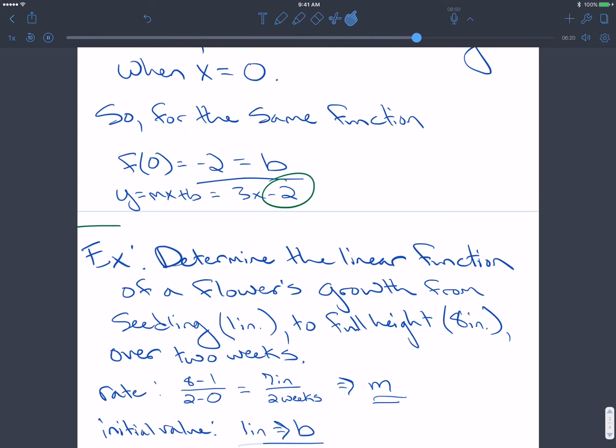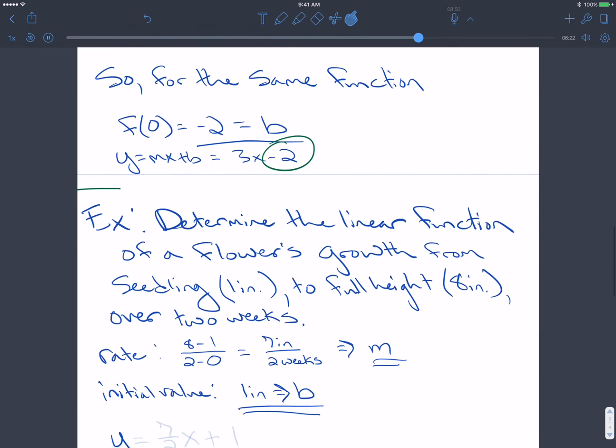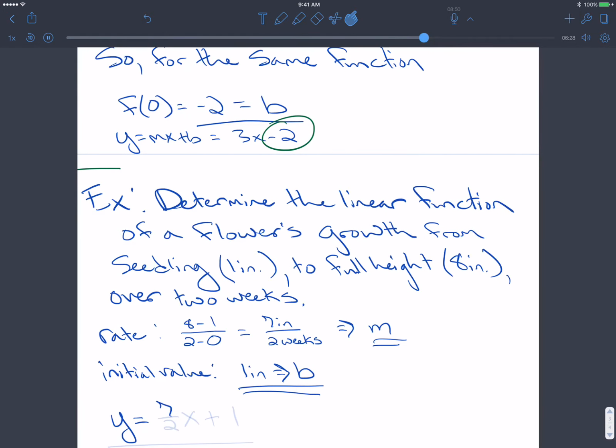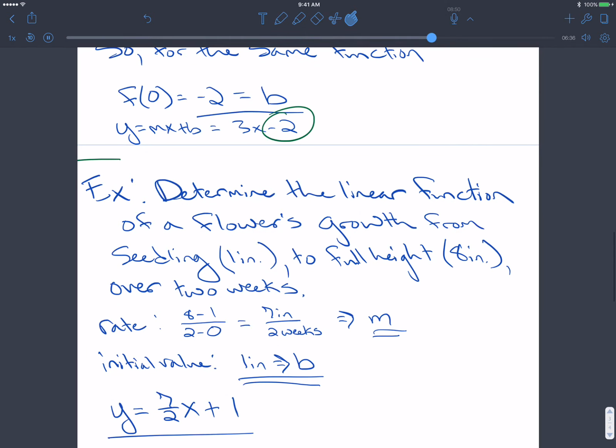That is going to become our b in the equation. So the linear function that models this growth is y equals 7 over 2 x plus 1. Note that y is in inches, and the 7 over 2 is the number of inches per week overall.